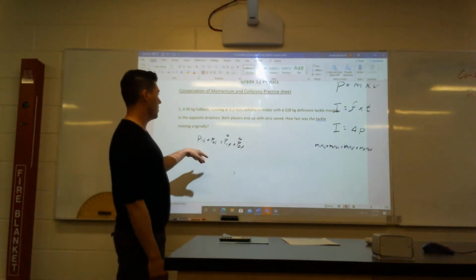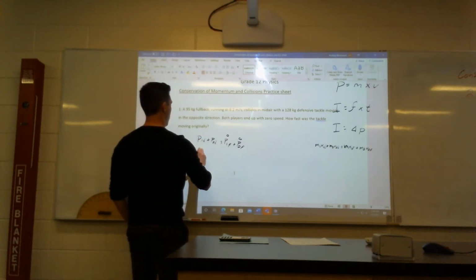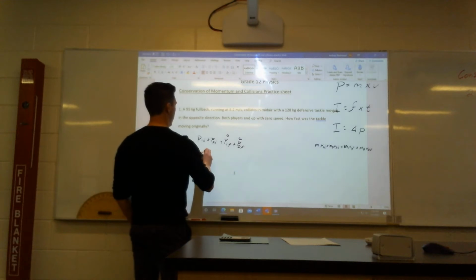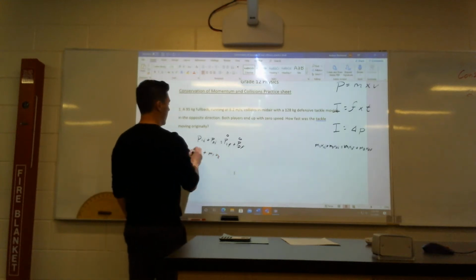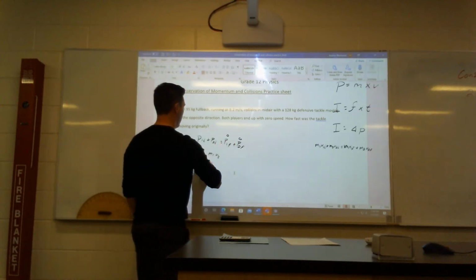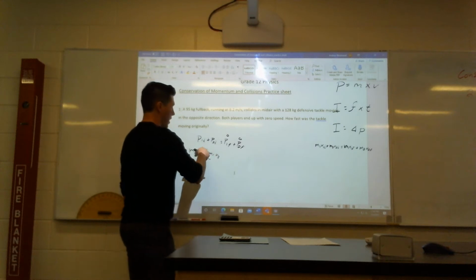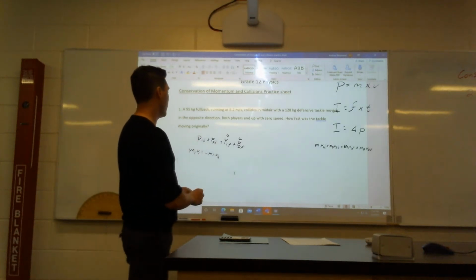So we have m1v1 plus m2v2, and these have to cancel out when it's 0 over here. If I move it to the other side, it equals a negative. I have to have some kind of negative speed going the opposite direction. So let's figure out what this is.